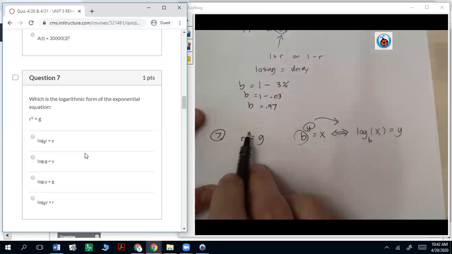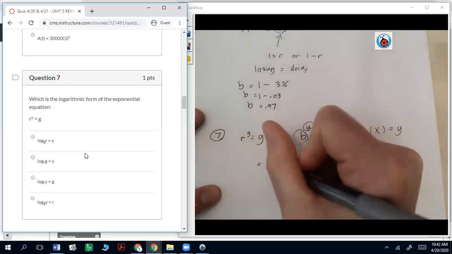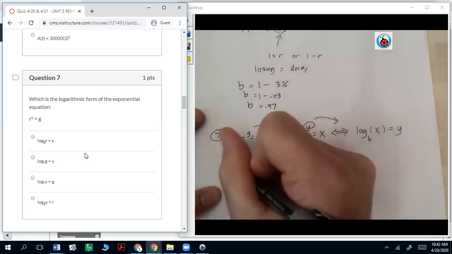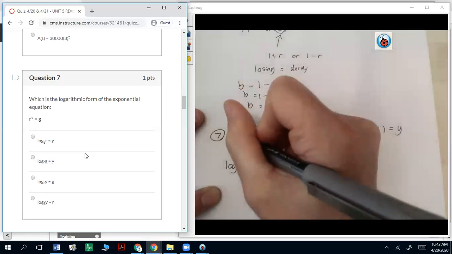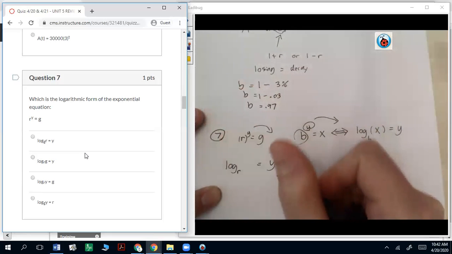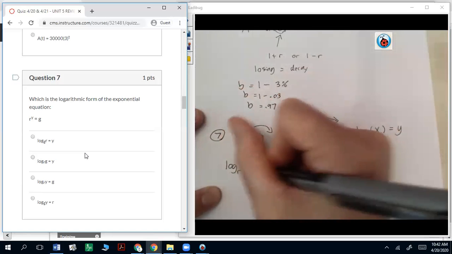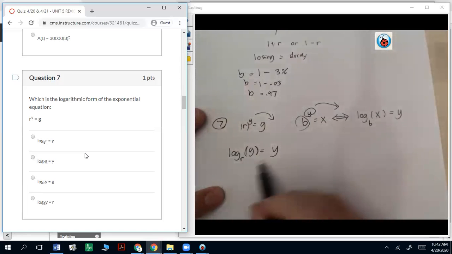So in this case, since y is in the exponent, we want the y to be brought over. Now the base of that log will be whatever's being raised. So that r is going to be down here, which means the g would be what's in the actual parentheses of the log. So we go r to the y power equals g.